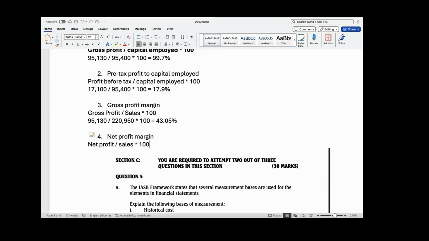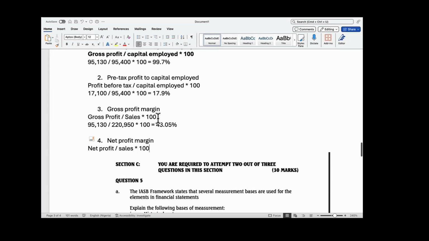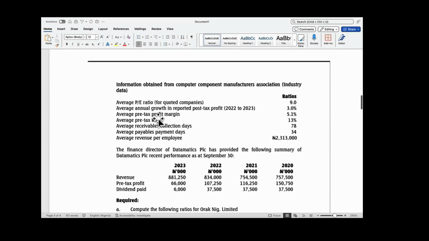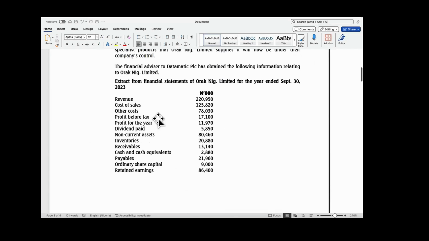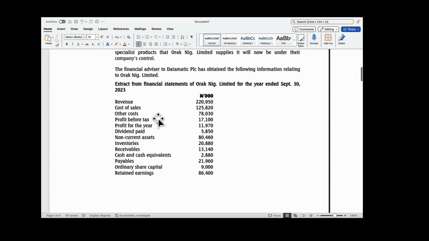That's correct. The amount of net profit made on every sale. But now, what is our net profit from here? Looking at this question, what do we use as our net profit? Our net profit will be the profit for the year. That's correct.